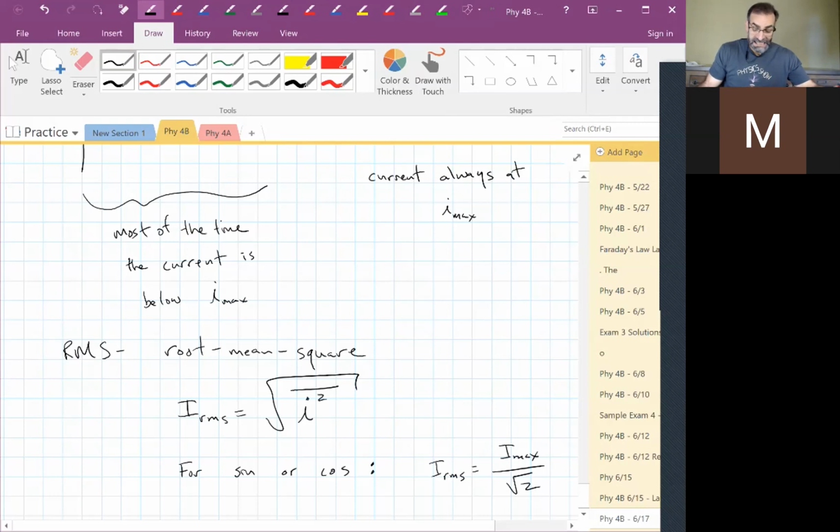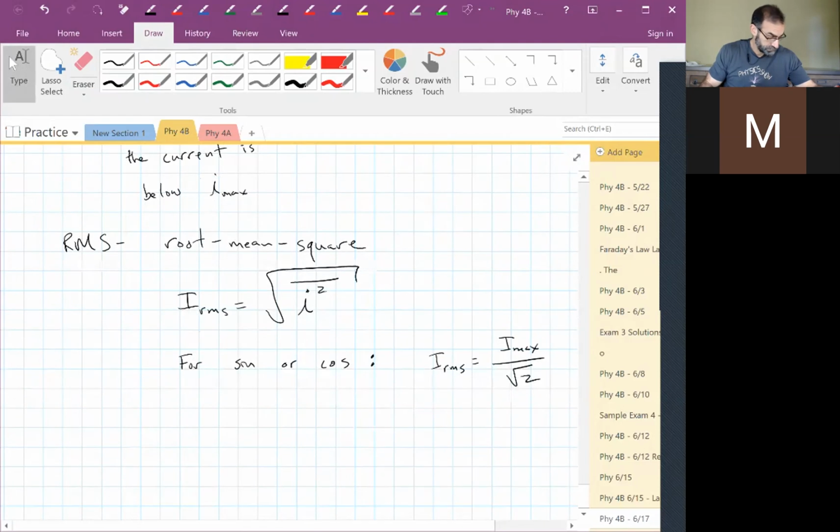And for any sine or cosine function, we just divide by the square root of 2. The maximum value divided by the square root of 2. And this works for any sine or cosine function. Maximum value divided by the square root of 2 is the RMS value.